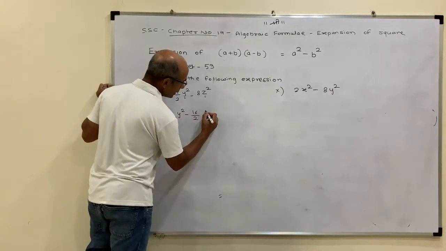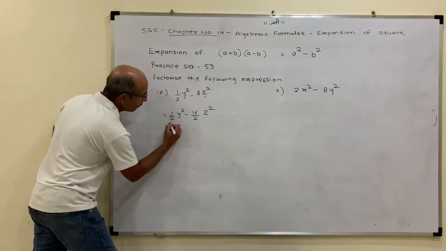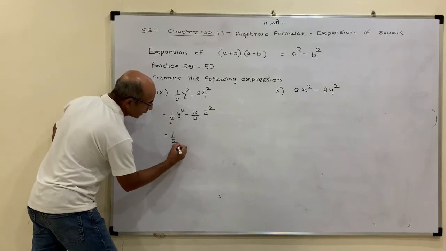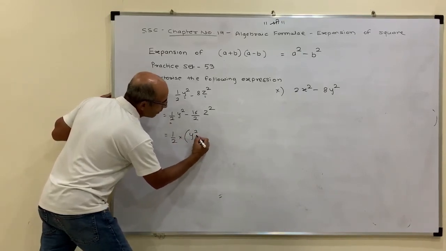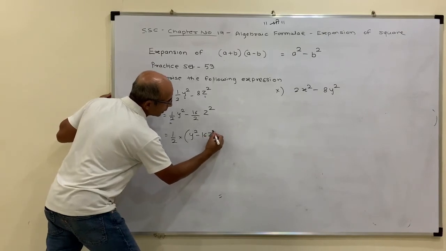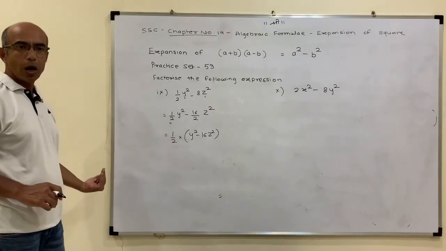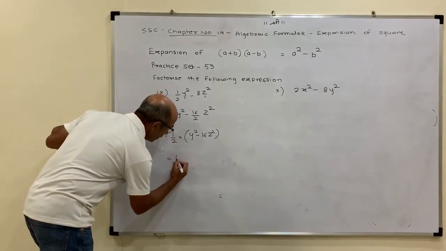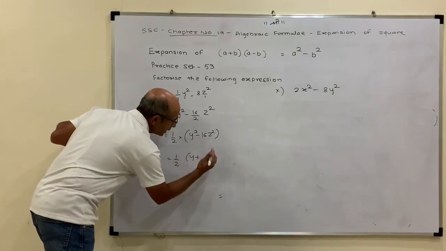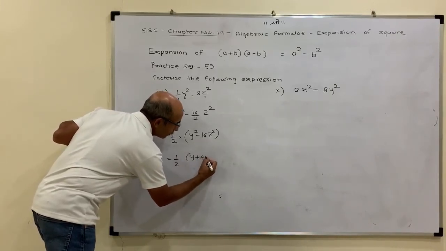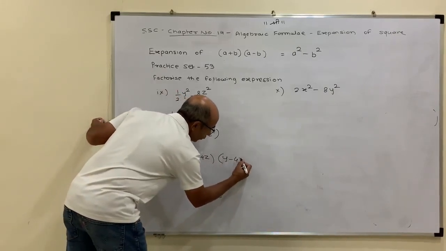Now I can take this half common outside. Inside the bracket is y square minus 16z square, because I have taken 1 upon 2 out. So now 1 upon 2 into (y plus 4z) into (y minus 4z), since 16z square is a perfect square of 4z.